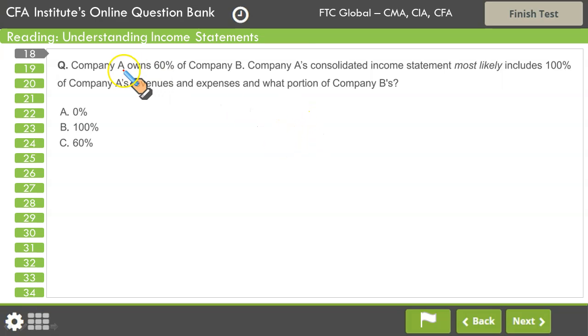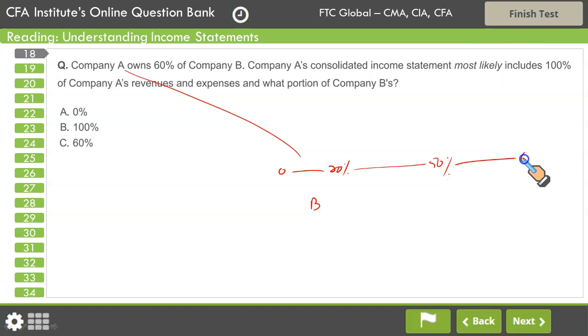If A holds between 0 to 20% of securities of B, accounting is different. If A holds between 20 to 50%, then the investment is accounted for totally differently. And when the holding is between 50 to 100%, then we go for what you call consolidation.